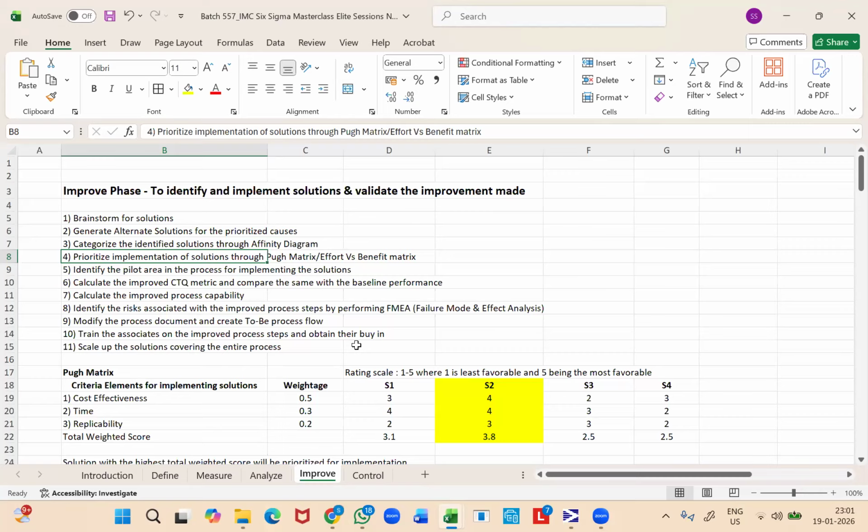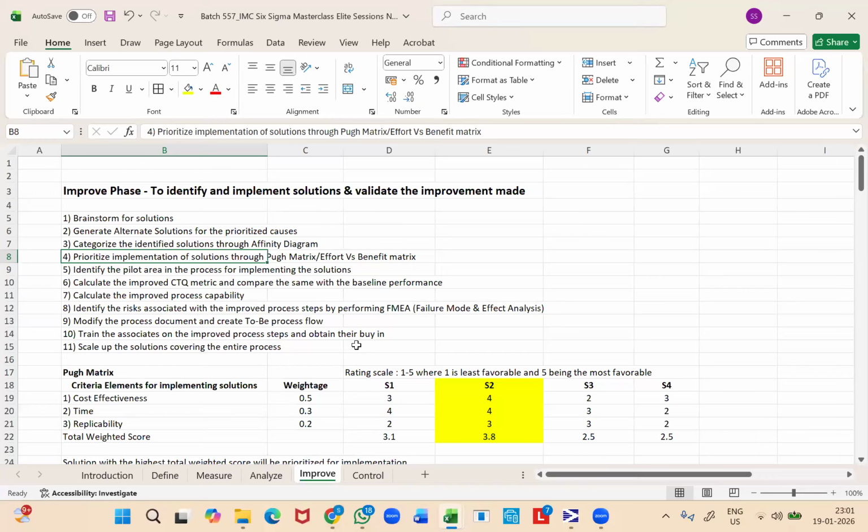If you are talking about comparison of two population means, like the baseline mean and the improved mean, we will perform a paired t-test. But if you are going to compare the accuracy percentage pertaining to the baseline scenario with the accuracy percentage pertaining to the improved scenario, then we will perform a two proportion test.